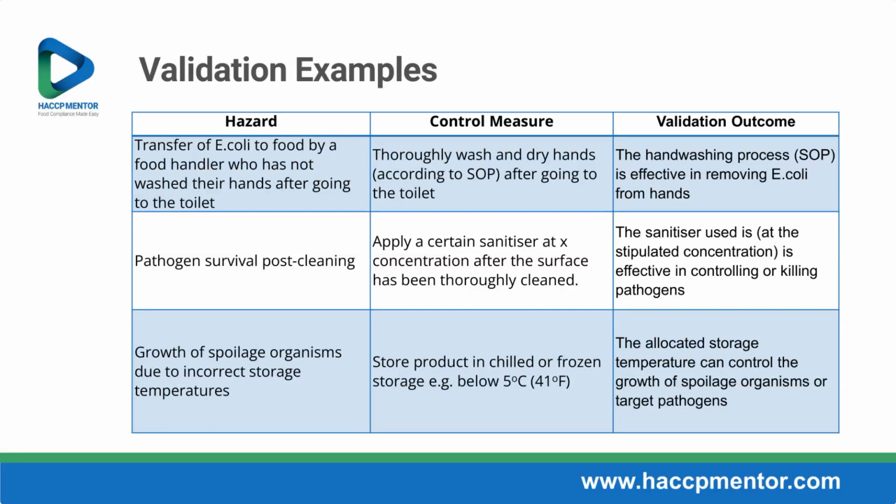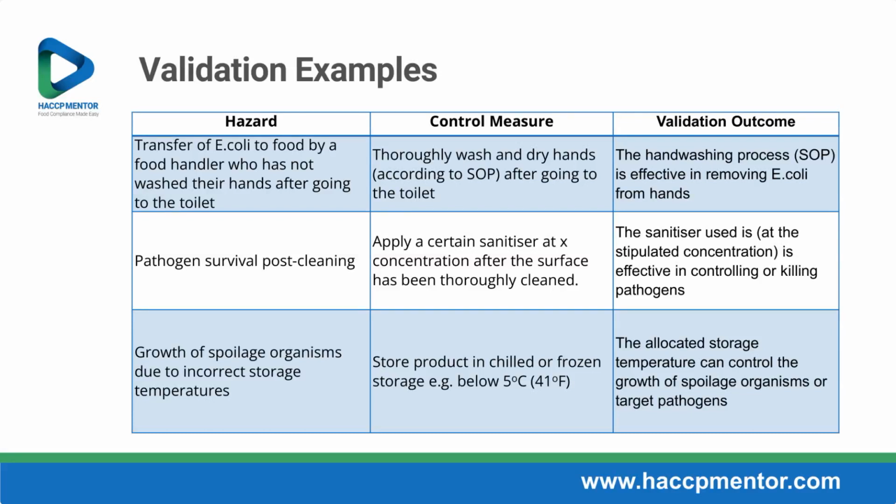Our next one here is pathogen survival post-cleaning. Our control measure here is applying a certain sanitizer at a particular concentration after the surface has been thoroughly cleaned. So again, we go back and make that statement. We need to validate that the sanitizer used, at whatever stipulated concentration you've got, is effective in controlling or killing pathogens.